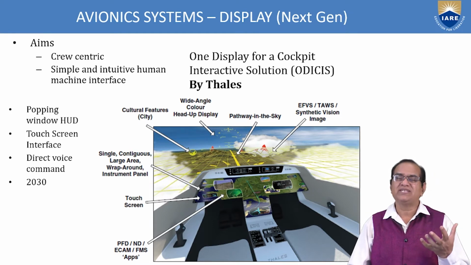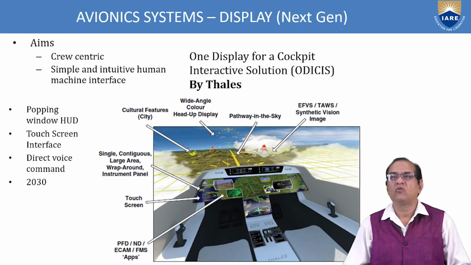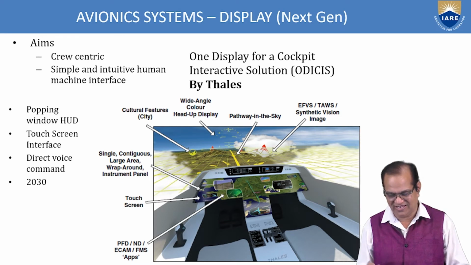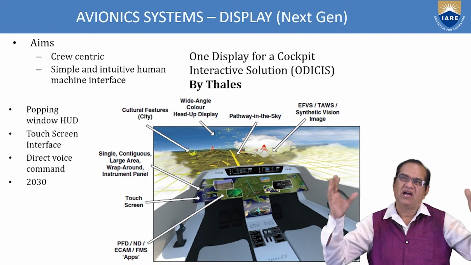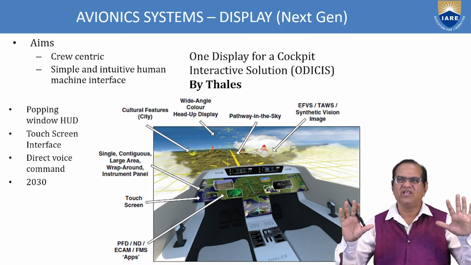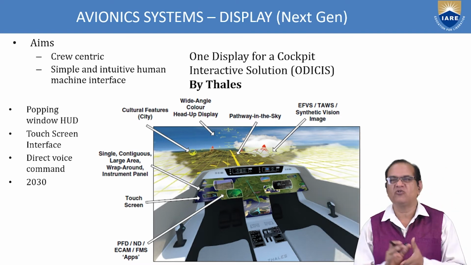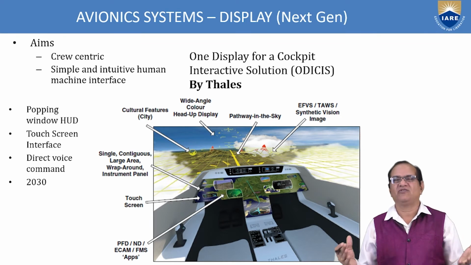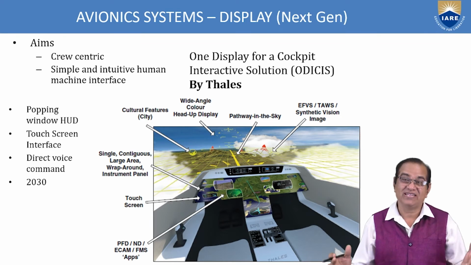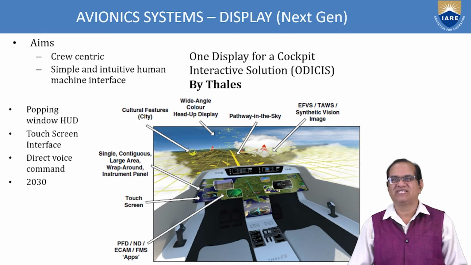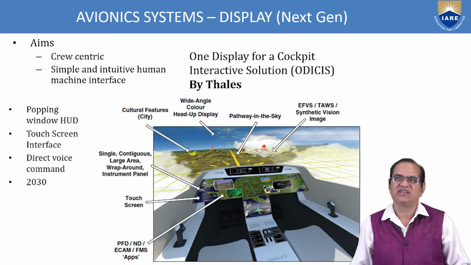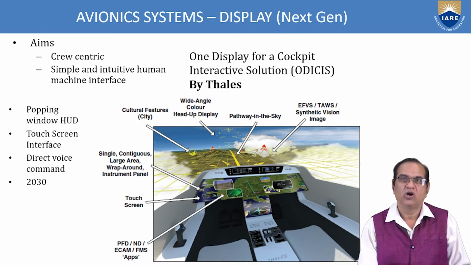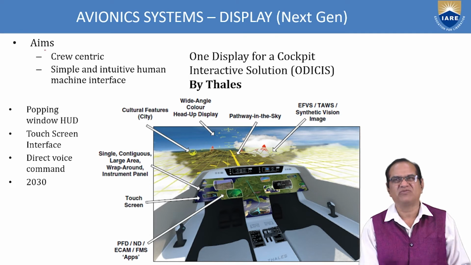So what is the necessity of going so beautiful? You can see here your screen, your sky, everything will be visible, with very few equipments, just like you are watching a TV. Nowadays, in the next generation, it has been developed. So what is the aim of this?